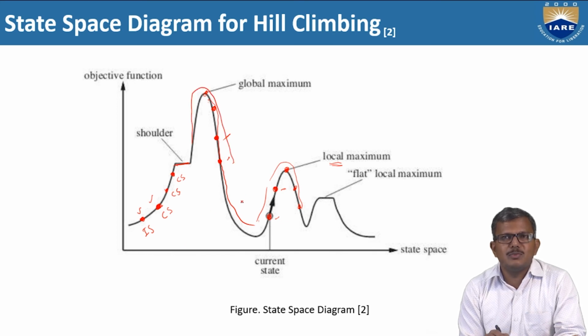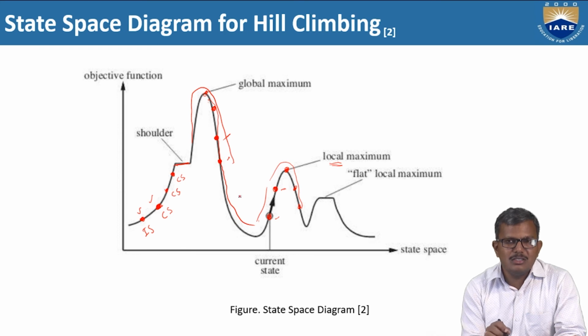In this given state space, of course, this complete thing is a state space for us, and in this complete state space, you need to identify the maximum. But according to this diagram, we can say that this is the global maximum. But as our current position is here, we could reach this place, and then after we are identifying some new states which are not better than our current state. So we feel that this is the maximum one, and that our search process is successful.